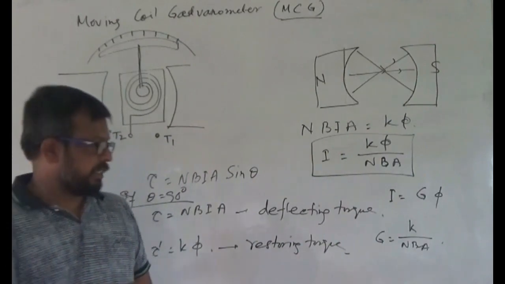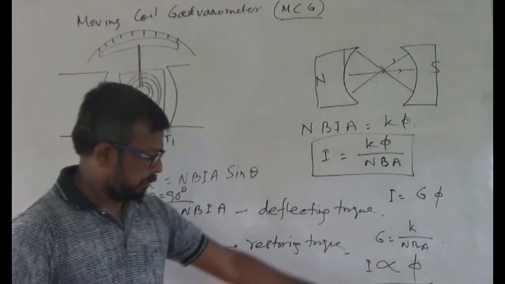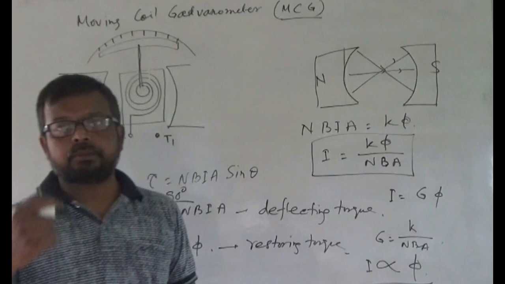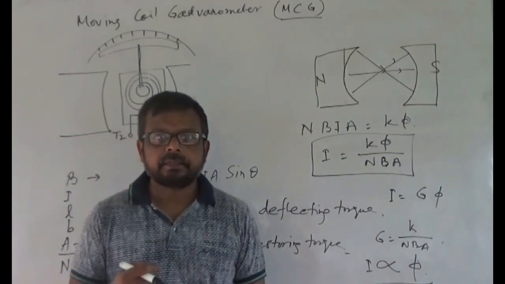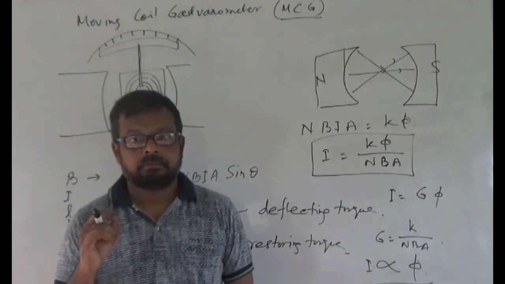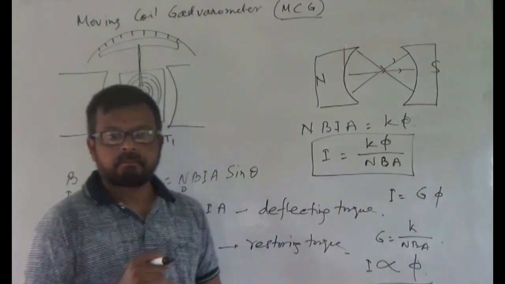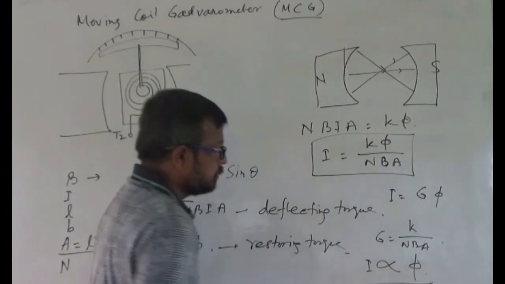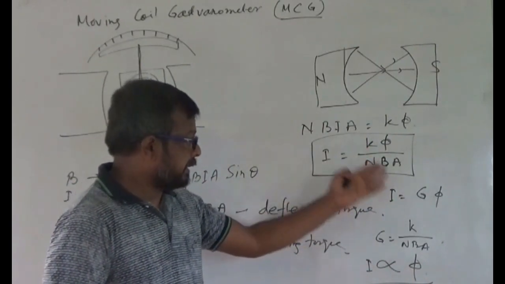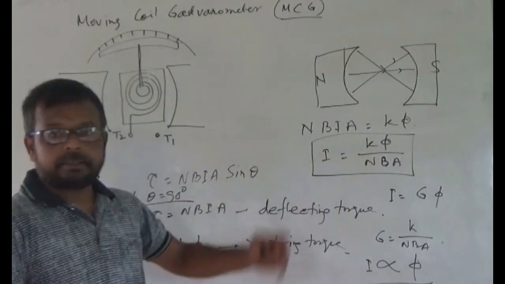Thus the deflection phi of the coil is directly proportional to the current flowing through the coil. Hence, we can use a linear scale in the galvanometer to detect the current in the circuit. Clear? See here. If there is phi, then you can say there is a current. And by measuring the angle of deflection, you can measure the current.